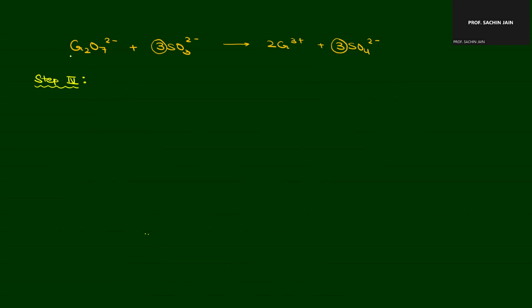If I talk about the charge on the left hand side, it is minus 2 and 3 into minus 2, that is minus 8. So write minus 8 on the left hand side. On the right, it is 2 into plus 3, that is plus 6, and 3 into minus 2, that is minus 6. So plus 6 and minus 6 becomes 0. So basically, I have a charge of minus 8 on the LHS and 0 on the RHS.